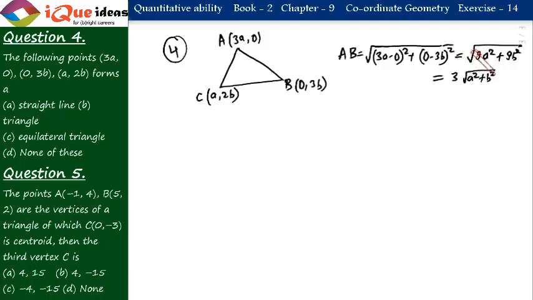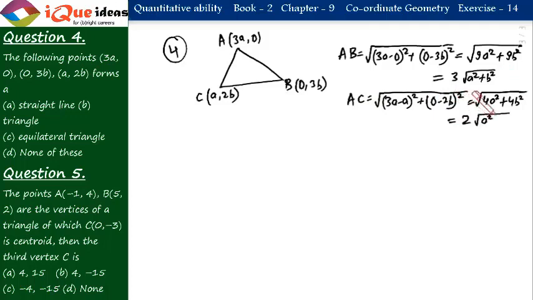Similarly, if I have to calculate AC, it will be square root of (3a minus a) whole square plus (0 minus 2b) whole square. Alright, now 3a minus a is 2a, 2a square is 4a square, plus minus 2b square is plus 4b square. So 4 comes out and square root of 4 is 2, 2 times root of a square plus b square.